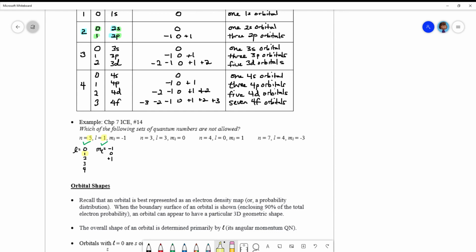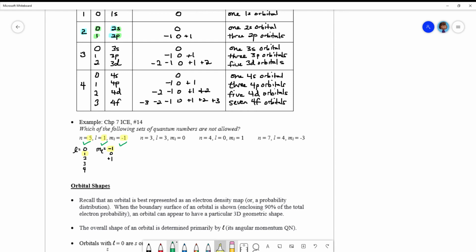And what do we notice? We notice that m sub L equals -1 is absolutely acceptable, and that's what we're given here. And so in the end, this is an acceptable, valid set of quantum numbers. They don't disobey any of the rules that we've already established.